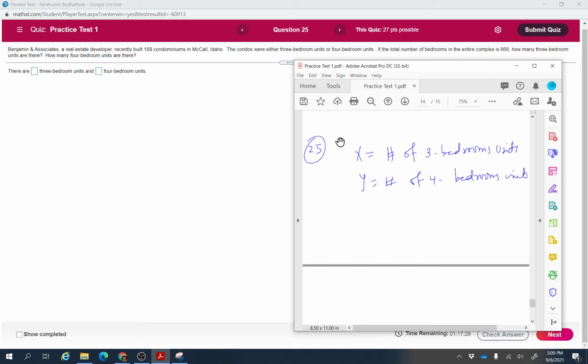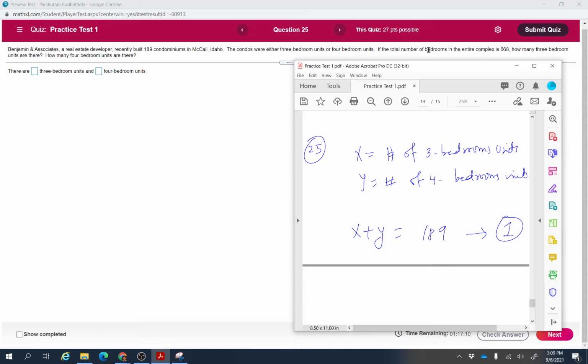So we know that altogether, the number of 3-bedroom and 4-bedroom units gives you 189 units. That's what we have been given here, 189.